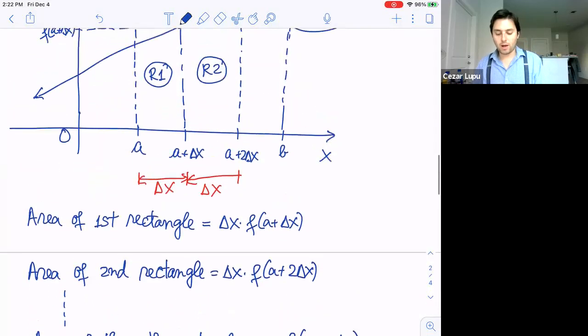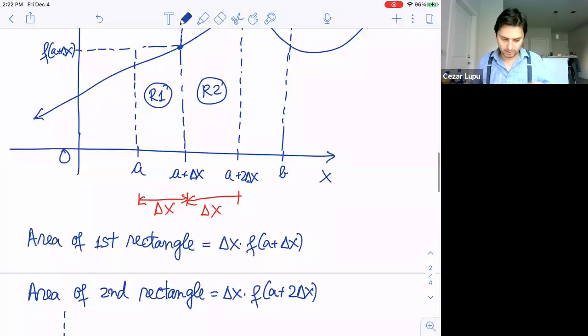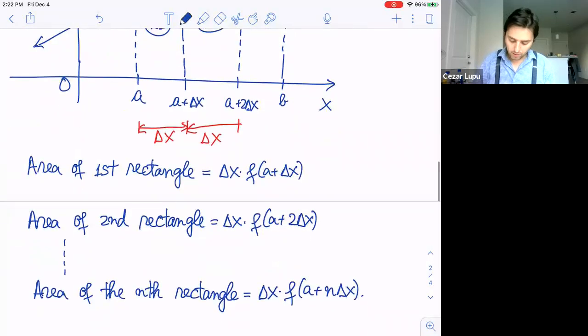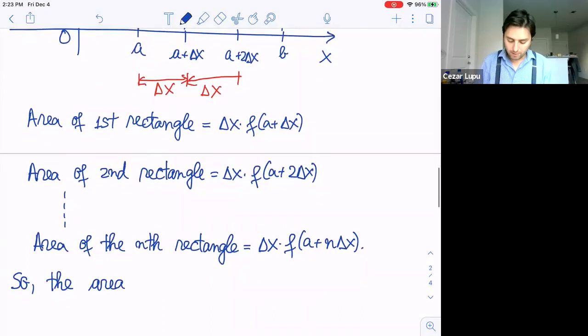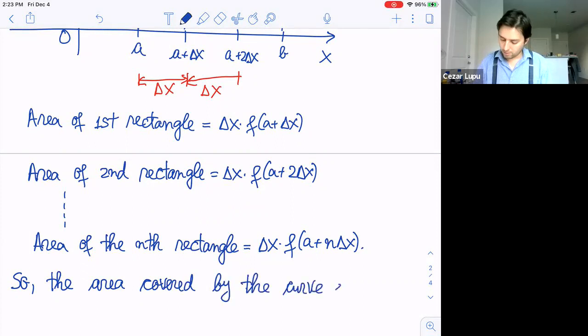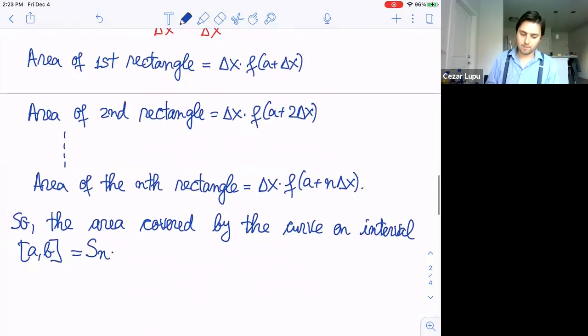And now, if we want to sum up to see the entire area covered by the curve on the interval AB, let's call this S sub n, right?